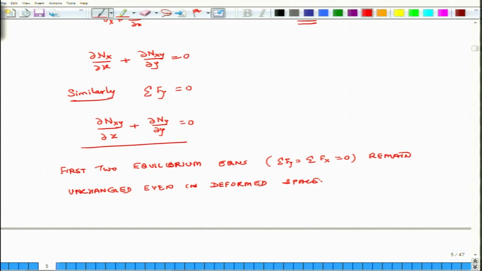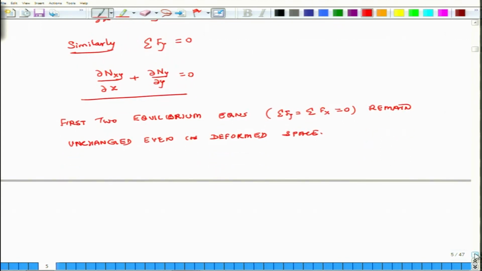This is assuming, what did we assume here? We have assumed that thetas are small such that cosine of thetas are still approximately equal to 1.